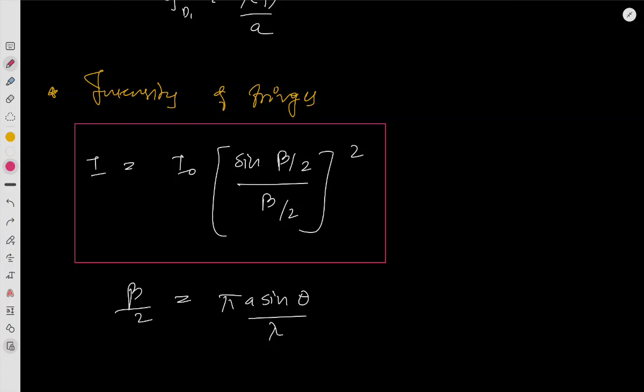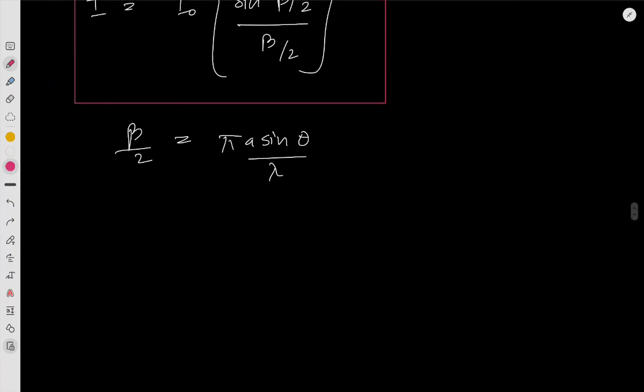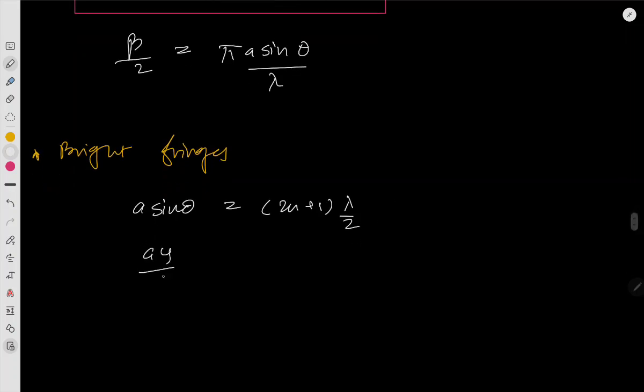And yes, now let us get the bright fringe condition. So for bright fringes, a sine theta, as we write, plus lambda by 2, a y by D equals 2n plus 1 times lambda by 2.